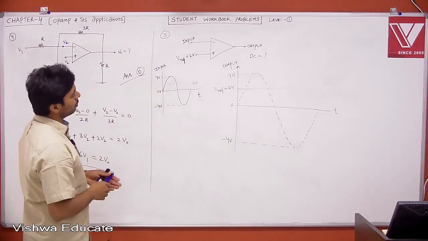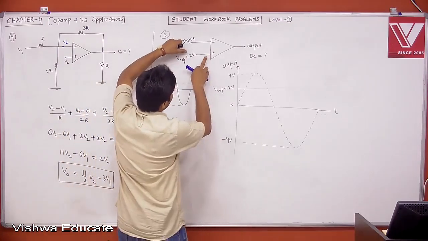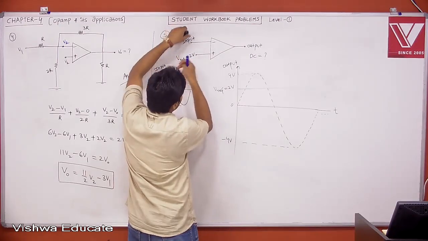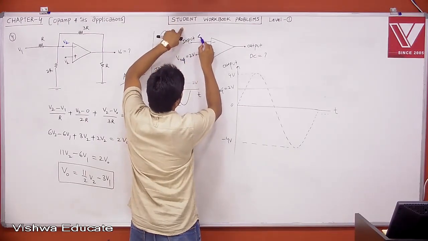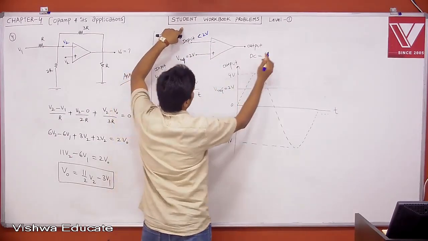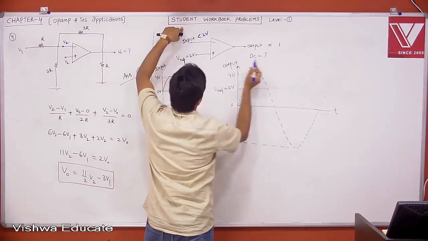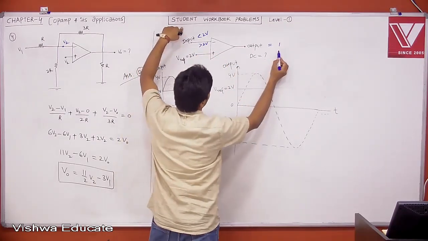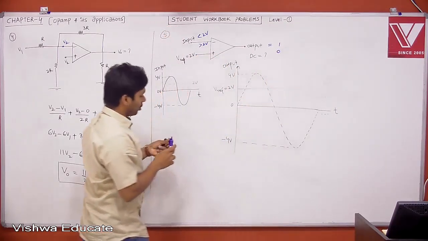Okay, now let's see. This is 2, plus is 2. If the input is less than 2 volt, then which is more? The plus is more, so your output will be 1. If the input is more than 2, then the minus is more, and you will get 0. The 0 means the opposite.